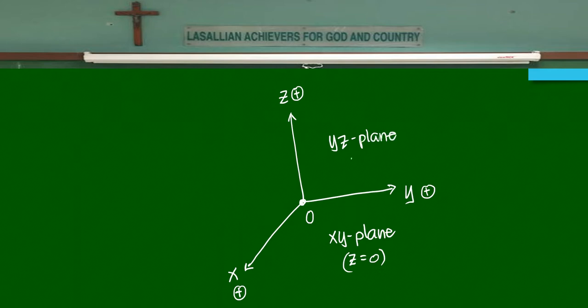This is happening when x is 0. And lastly, this is what you call the xz plane. This is when y is equal to 0. And the figure formed in this space is called the figure in the first octant.